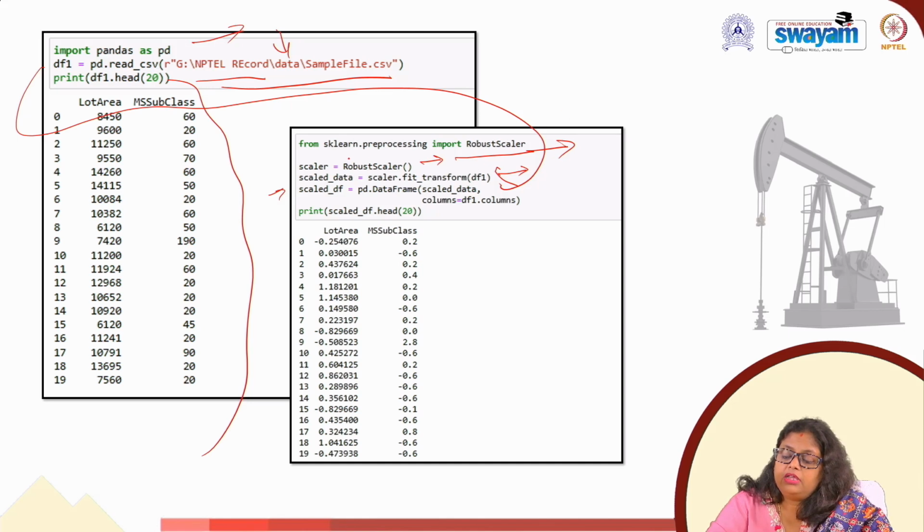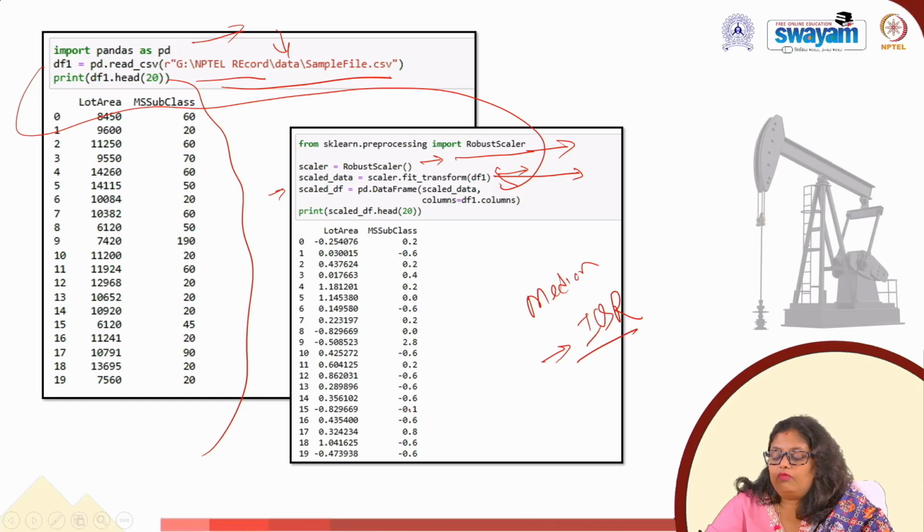First, from sklearn.preprocessing, it is importing the RobustScaler which is required here, and then we initialize that RobustScaler. So scaler equal to RobustScaler. Then we scale the data. This line of code takes the values required here. In this case, it requires the median, and the second parameter, the IQR.